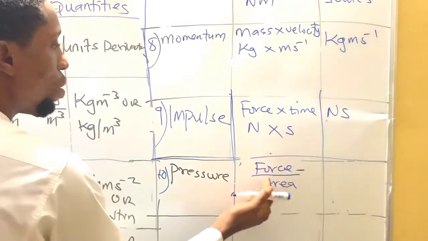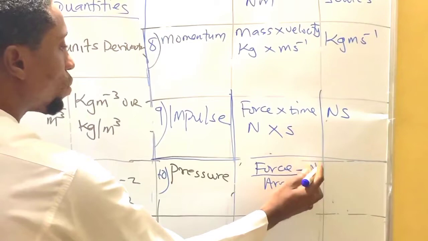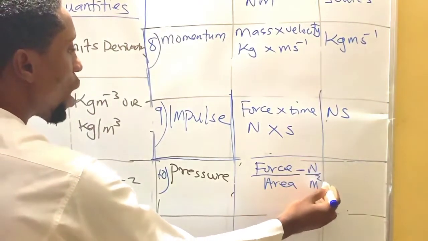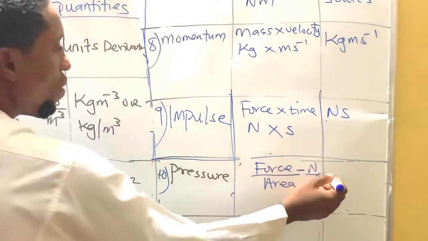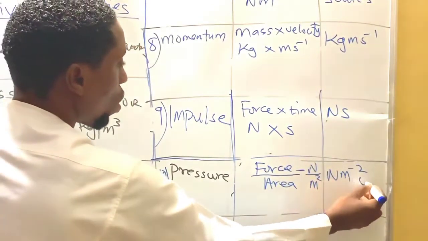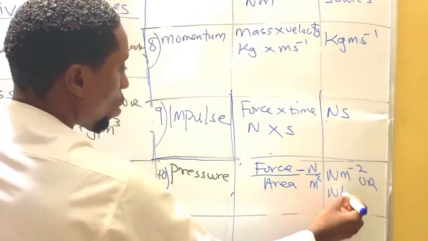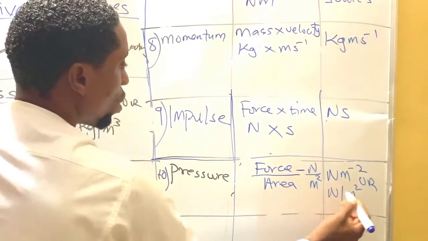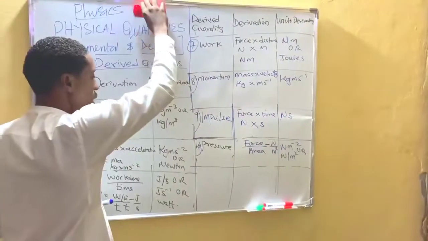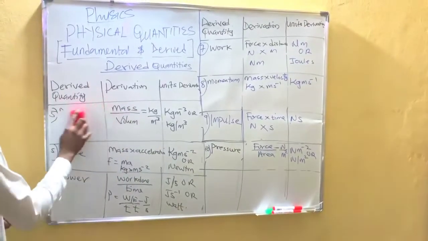So force is measured in Newton. Area is measured in meter squared. So you have the unit as Newton per meter squared. You can even measure pressure in Pascal, etc.